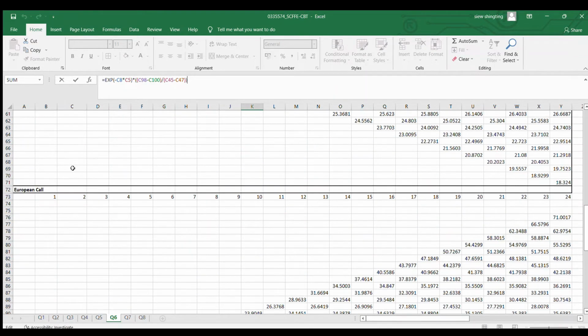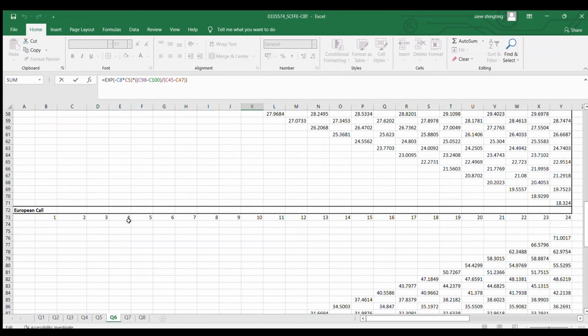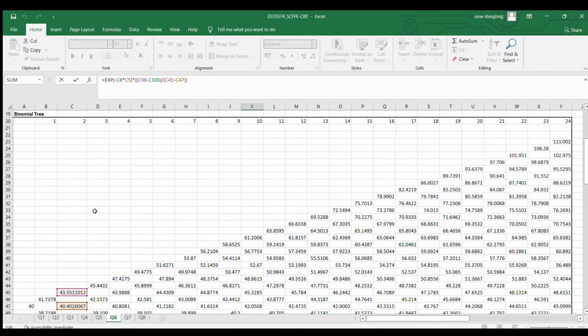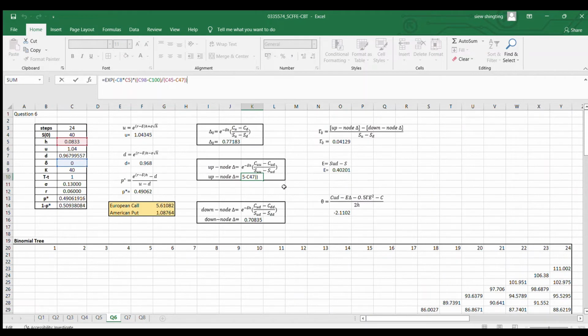C98 is from the European call, the period 1, period 2, the upside 8.19584643 minus 5.57 divided by the binomial 3 period 2, 43.55 minus 40.40. So we can get the up node delta.